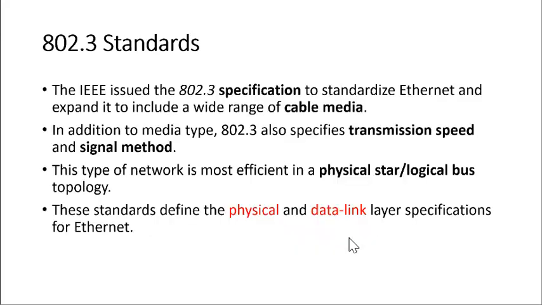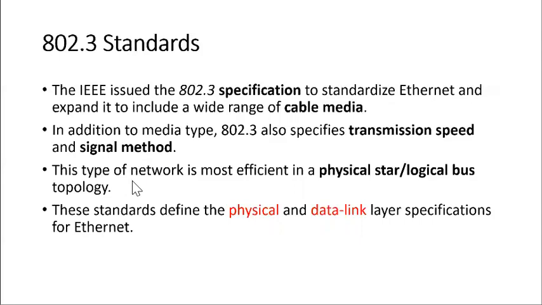IEEE issued the 802.3 specification to standardize Ethernet and expand it to include a wide range of cable media. So it mainly focuses on the type of cable media. In addition to the media type, it also specifies the transmission speed and signal method. What should be the speed of that particular cable, and which signal method to be used.